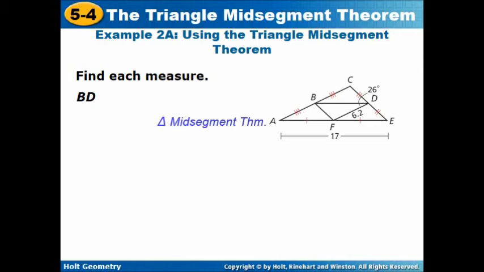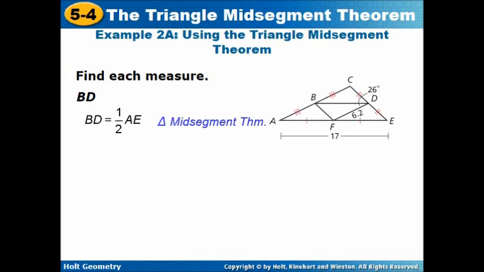So we're going to set this up as a proof, and we're going to use the midsegment theorem as the reason for being able to find the measure BD. In this case, the midsegment theorem says that line segment BD is equal to 1/2 of the base, which is line segment AE.